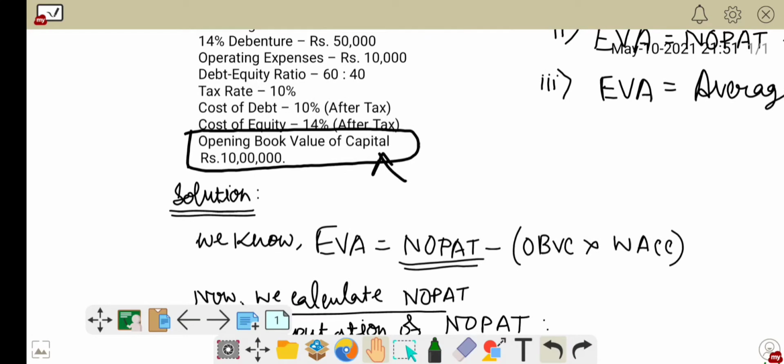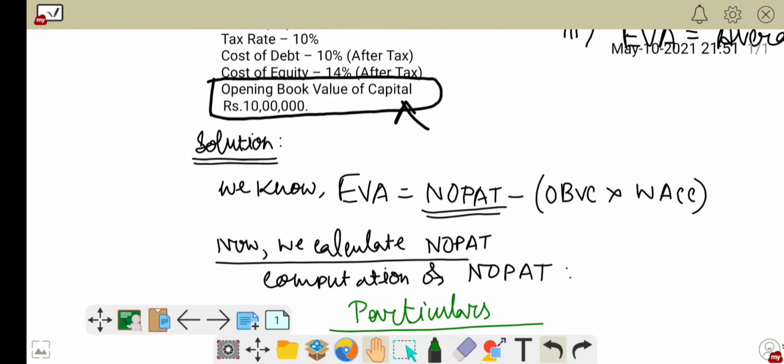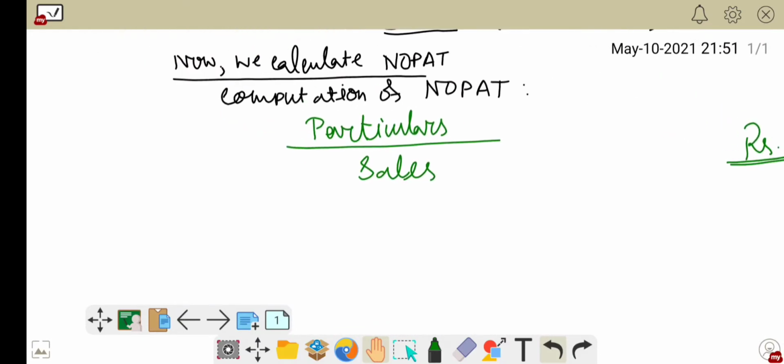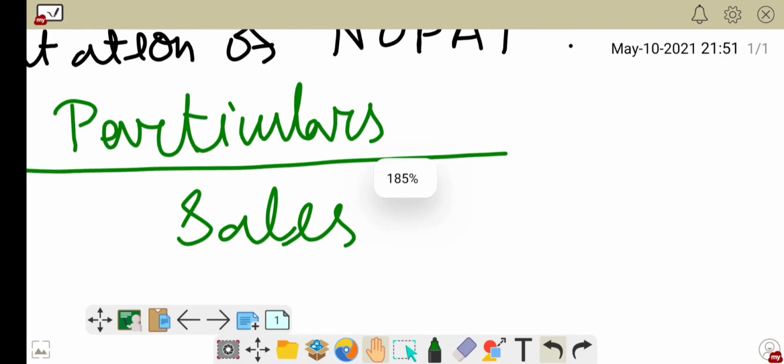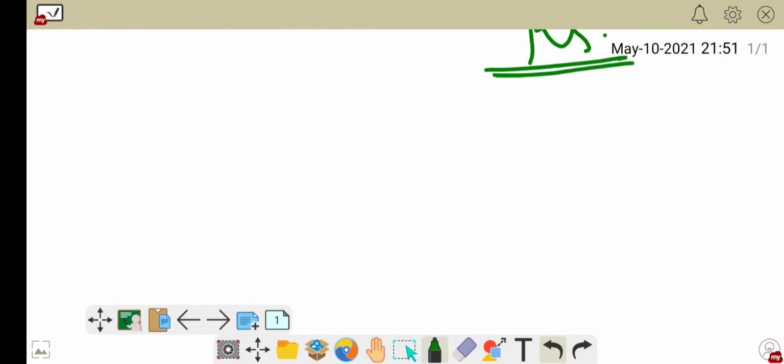Now I will write down sales valuing rupees 8 lakh.